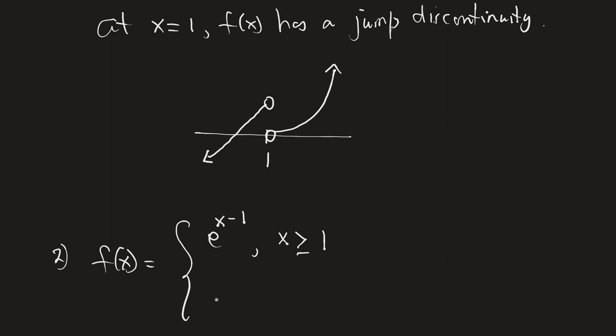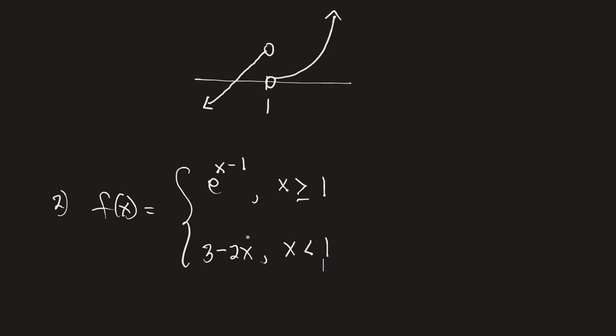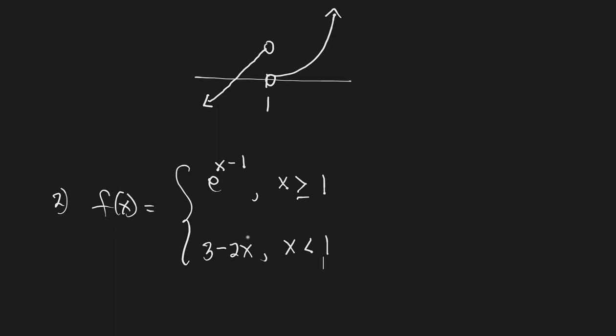And then here we will have 3 minus 2x when x is strictly less than 1. All right, so there's our function. And again, the two pieces, right? The top piece, which is an exponential function. Again, the bottom piece is another polynomial. It's a linear function. So both of these are continuous for all values of x, right?